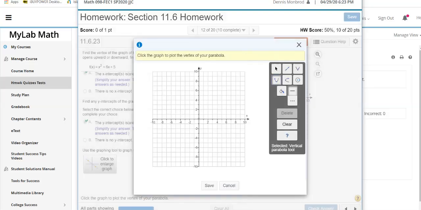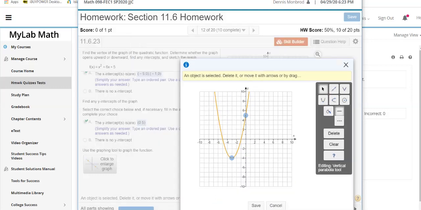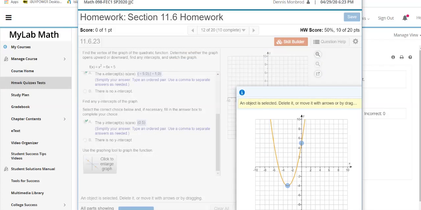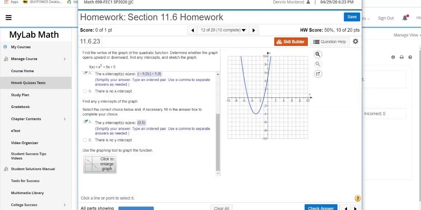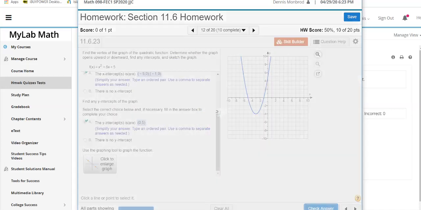So let's start off. Put our vertex over here at negative 3, negative 4. And we had a y-intercept of 0, 5, right? So we might as well just use that. Now, what else do they want? That's it. Okay, so we got the whole graph. We'll save it and check it.